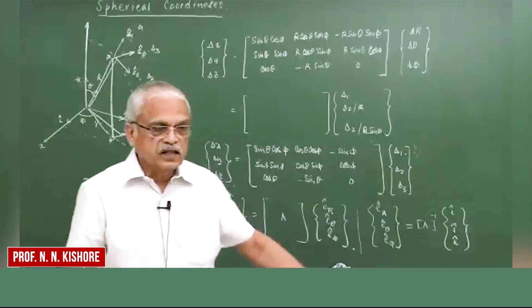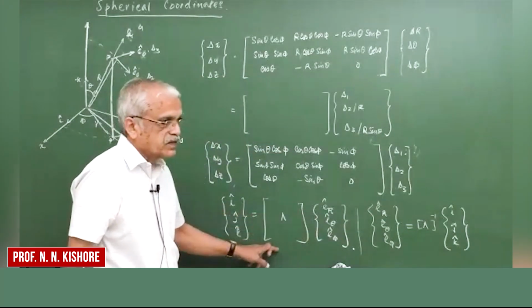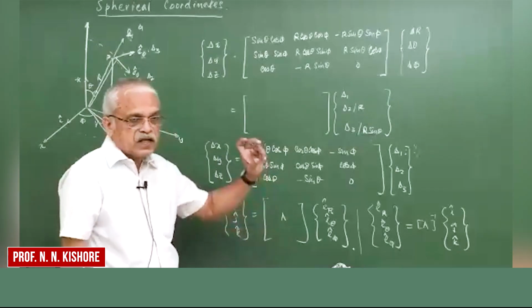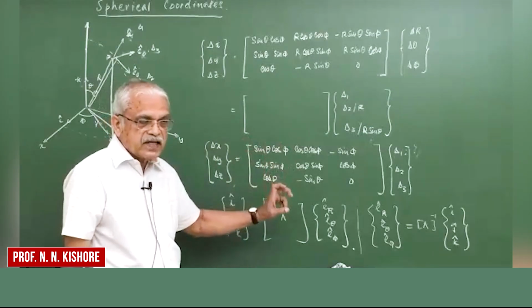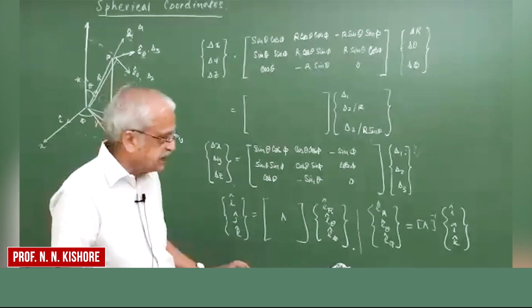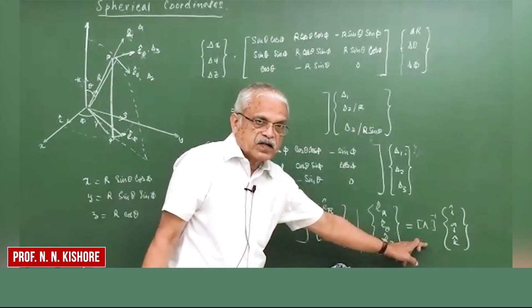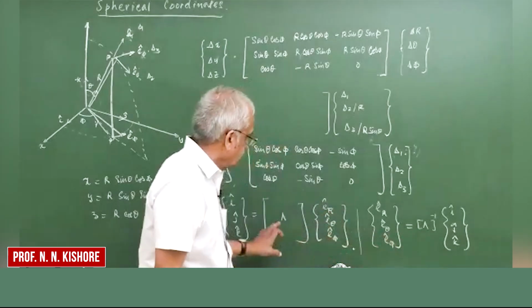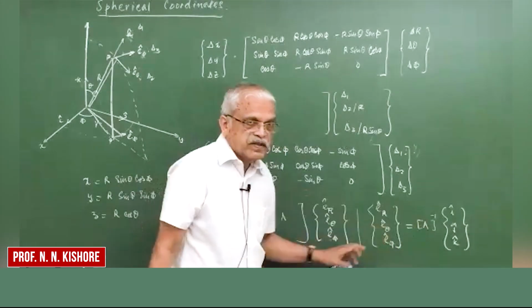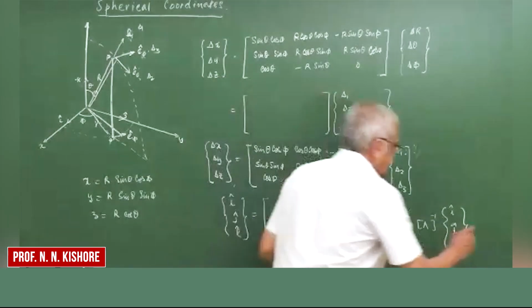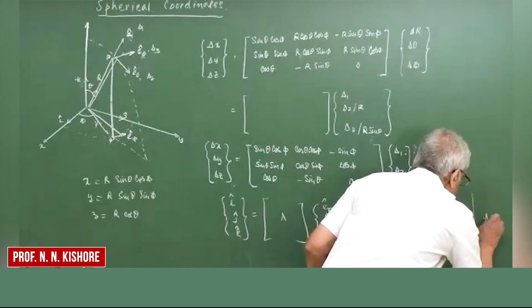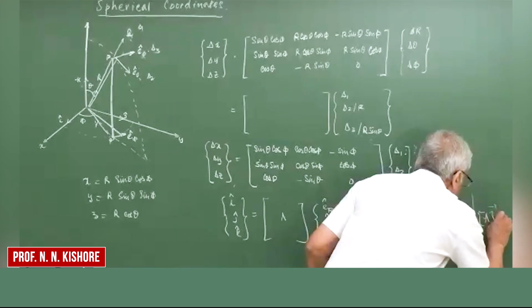But interestingly, since these are nothing but the cosines of the angles between corresponding axes, that will continue to be here. They are exactly the same, meaning it will also come here. So A inverse is nothing but A transpose.